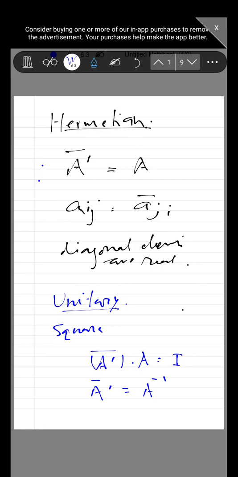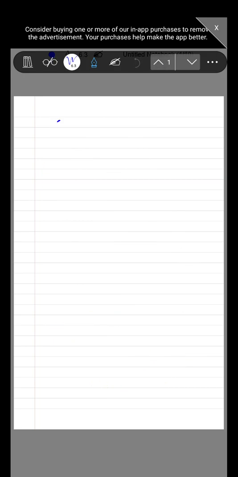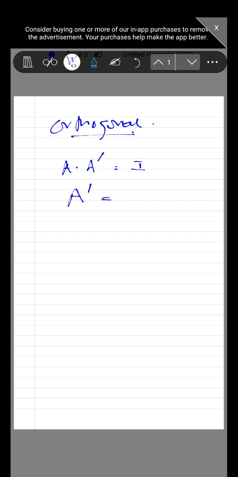A matrix is orthogonal when A into A transpose is equal to I. That means A transpose is equal to A inverse, whereas in unitary, A transpose conjugate is equal to A inverse.